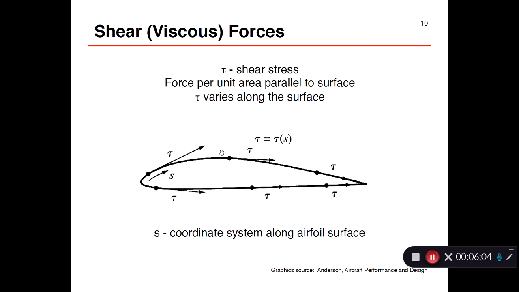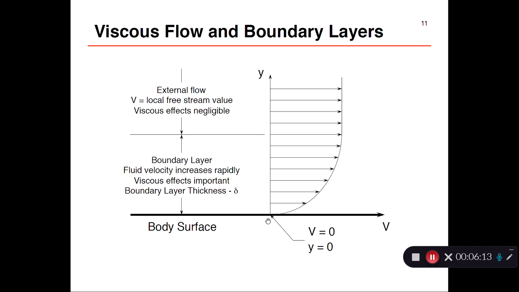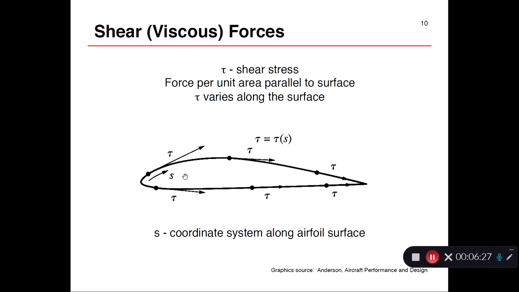How about the viscous drag? Shear stresses are tangent to the surface. Therefore, we should be integrating along the surface. If you have some knowledge of the boundary layer from our aerodynamics class, the slope at the body surface is the velocity gradient. If you multiply by molecular viscosity, that gives you this tau.